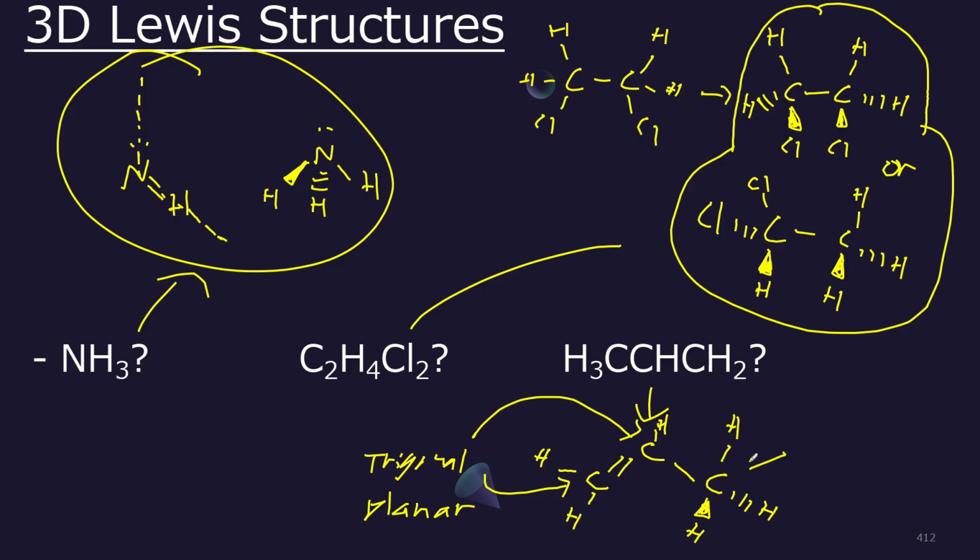This one is tetrahedral, AB4. So it's the tetrahedral centers that are going to have the 3D structures. So one more time, just clearly, I'll draw it again.